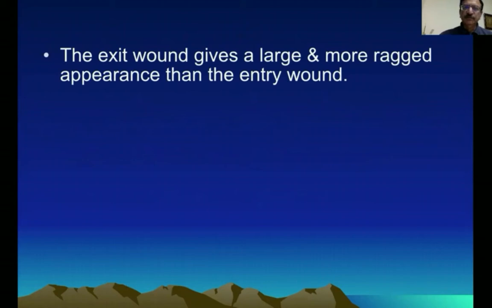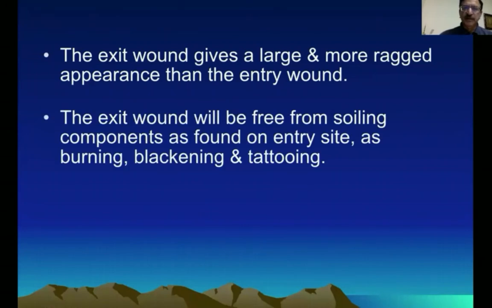And the exit wound normally gives a larger and more ragged appearance than the entry wound. The exit wound may be free from soiling components as found on the entry side. That means burning, blackening, and tattooing at the exit side will not be there.